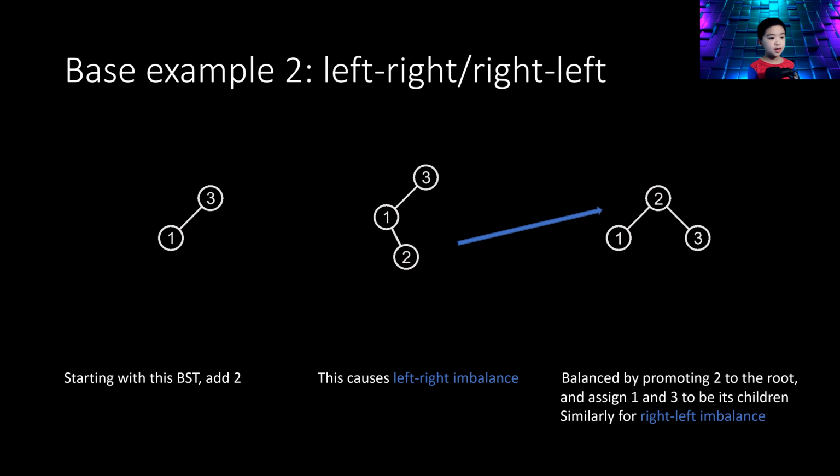So this is the exact same balanced binary search tree as we saw in our last case. Same as the last example, there's a mirrored scenario. We have a right-left imbalance, and the operations will be similar. So including mirrored scenarios, we have 4 base cases in total. We will use them in implementing AVL trees.